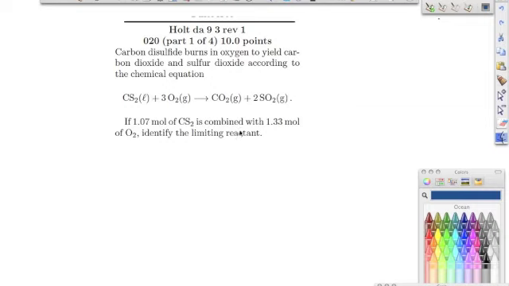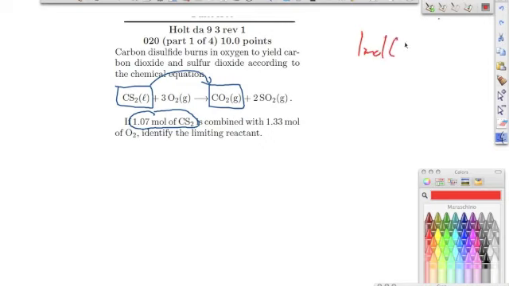Okay, so in this case, we take our 1.7 moles of CS2, and we can just pick any one of our products. Say we're going to pick our carbon dioxide, and we're going to see basically how much CO2 is produced. So when we're doing this, all we need is our mole ratio, and we have 1 mole of CS2 equals 1 mole of CO2.